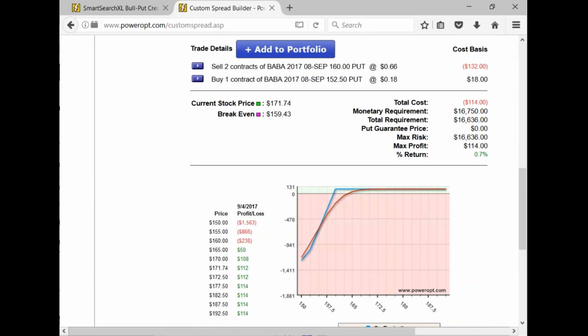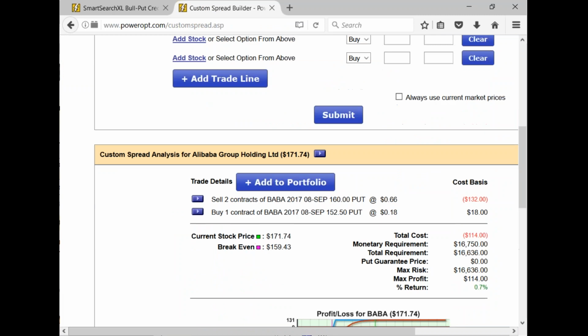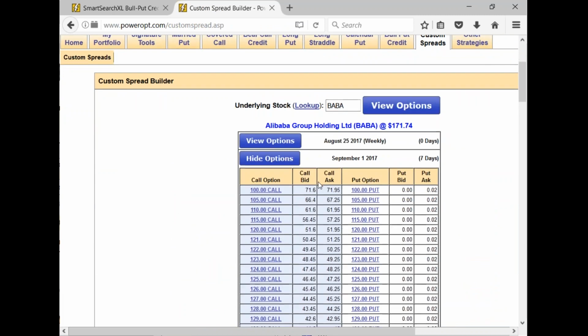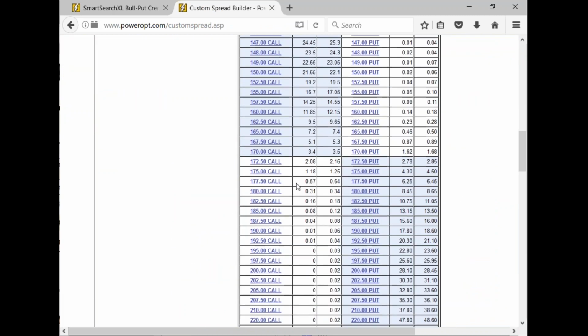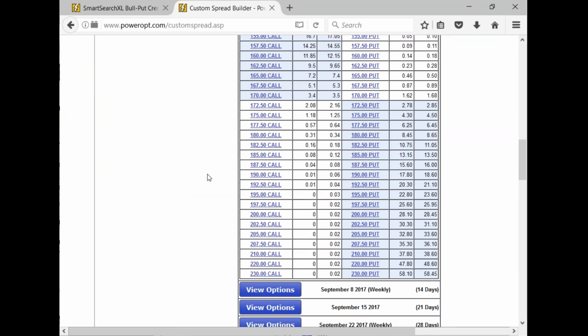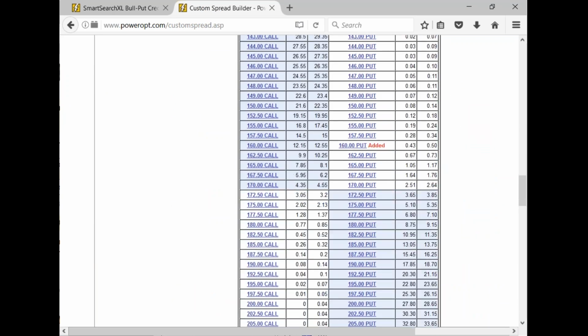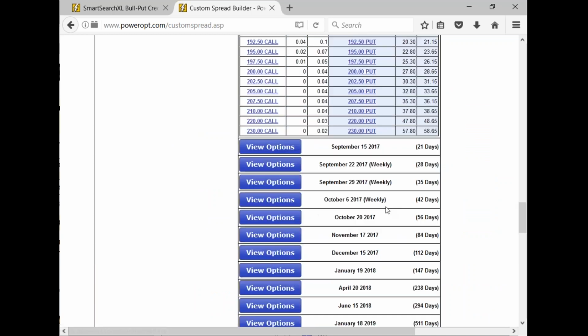There we go. All right, so here's a terrible example of a ratio call spread. Let's bring this closer in. Sorry for the scrolling, folks. We'll be right there in a second. Let's set this up a little bit different. Mine's September 8? Oh, I am. That explains it. Okay. 60 and 155. It's good.